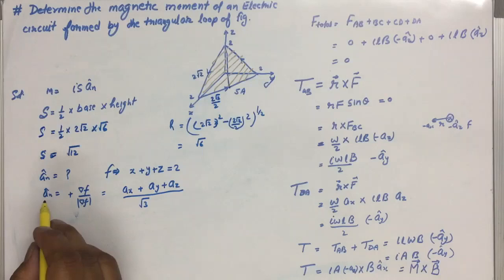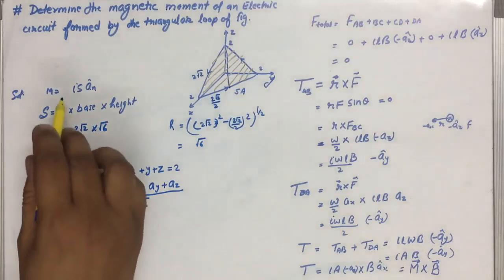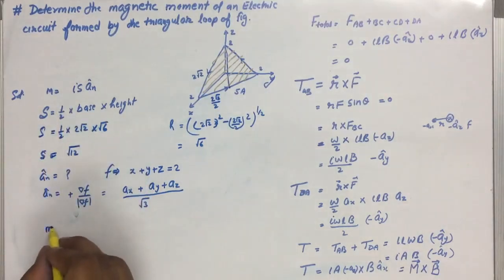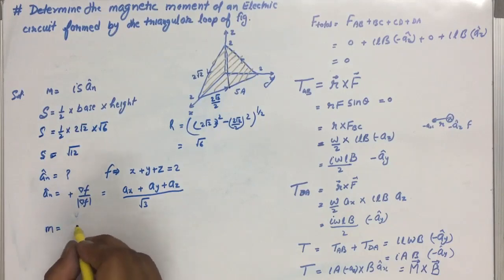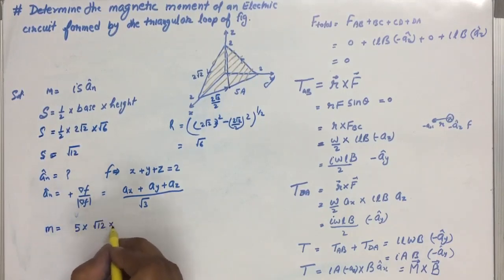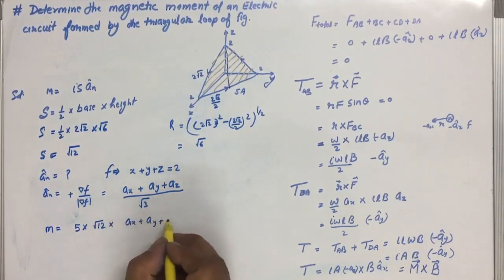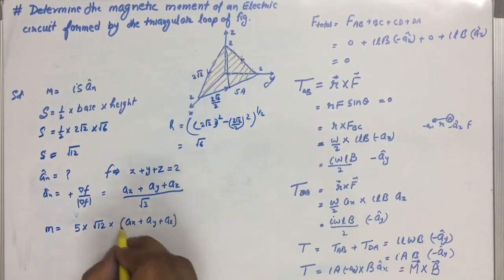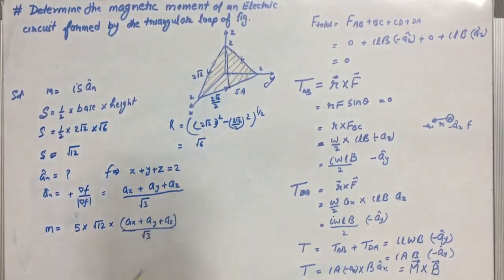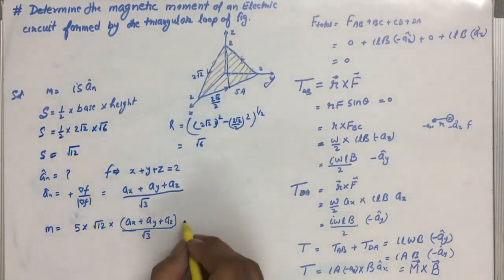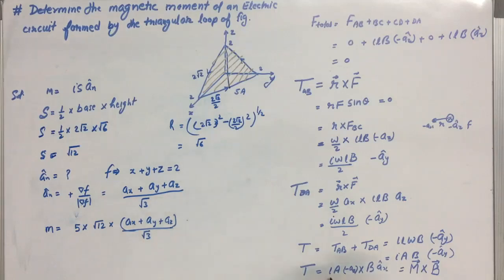So we have AN now, we have S, and we have I. So we can find the magnetic moment, that is I root 12 times AX plus AY plus AZ divided by root 3. Its unit is ampere meter square.